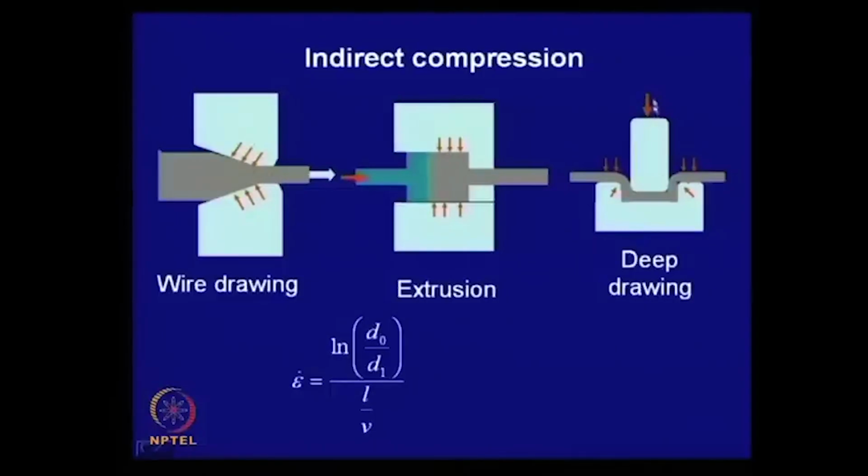Here also you are applying what looks like compression, but the material is getting stretched. Although you are indirectly giving compression here, the nature of the state of stress will be something different.